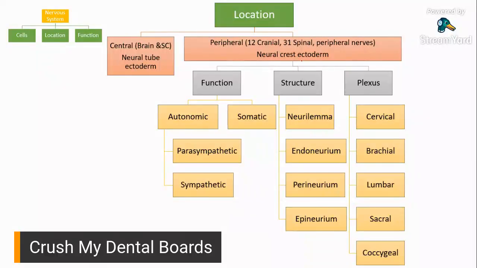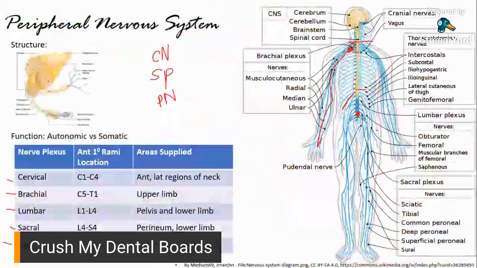Now, the peripheral nerves, according to structure, have the neurolemma, endoneurium, perineurium, and epineurium, the nerve fascicles. And then the plexuses: cervical, brachial, lumbar, sacral, and coccygeal. Those are the different intersecting nerve fibers, giving supply to certain areas in the body.